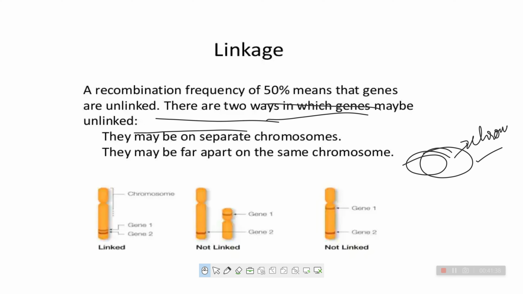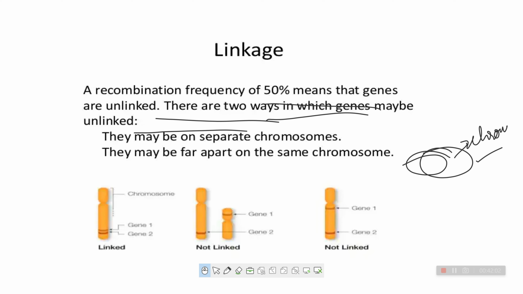There are two ways in which genes may be unlinked. They may be on separate chromosomes, or they may be far apart on the same chromosome. If two genes are far apart from each other, linkage will not take place. If they are closely associated with each other, then linkage will take place.